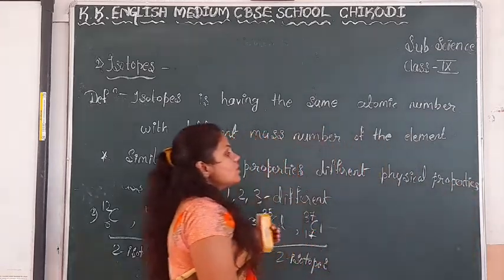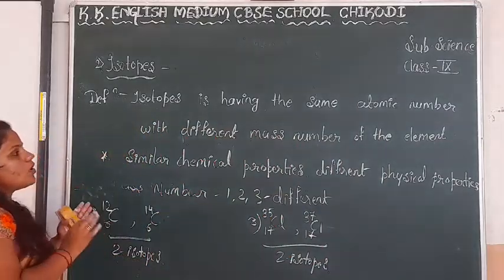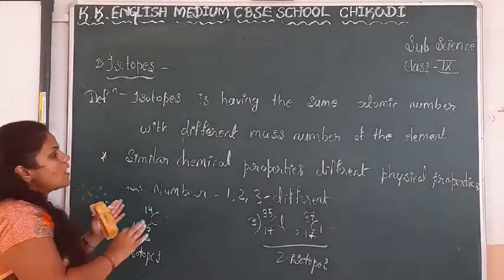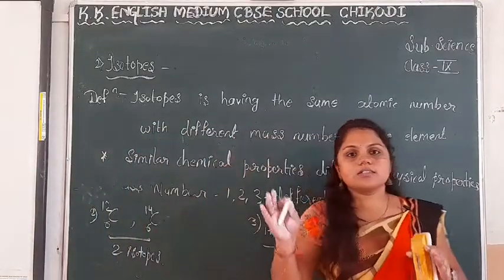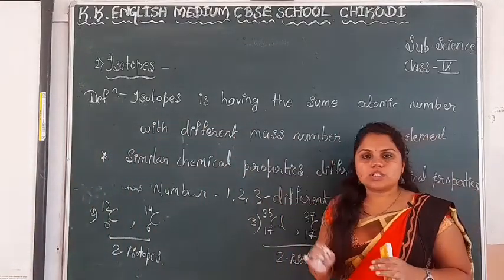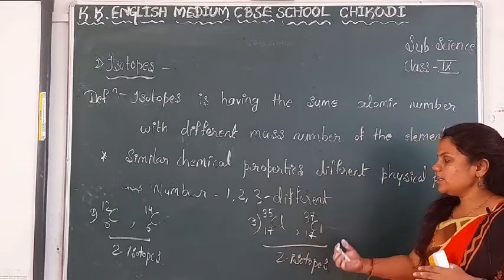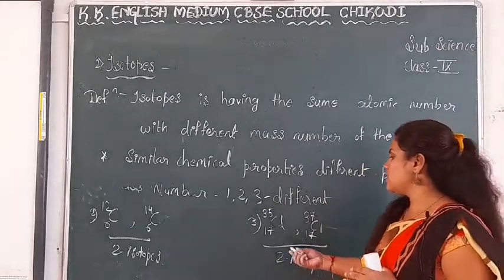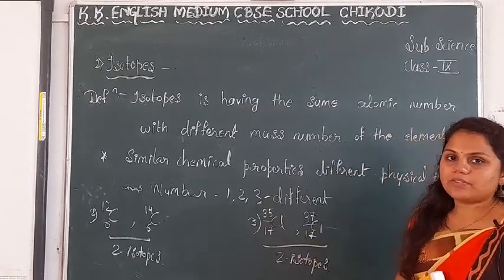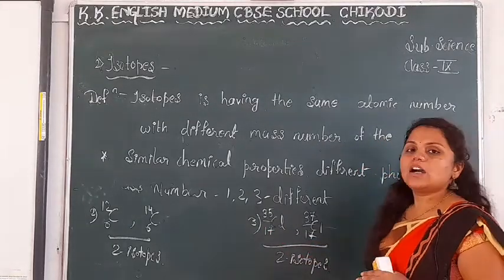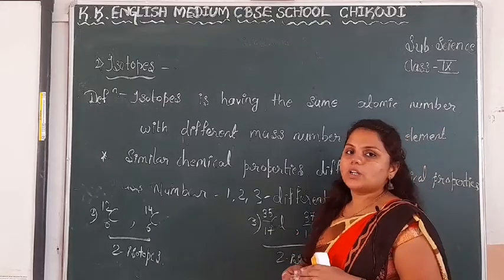Okay, so I hope you got the clear idea about the isotopes. Next, one question arises. What is that question? The chlorine is present in our nature with the mass number as 35 and 37. So what would be the atomic mass of the chlorine?